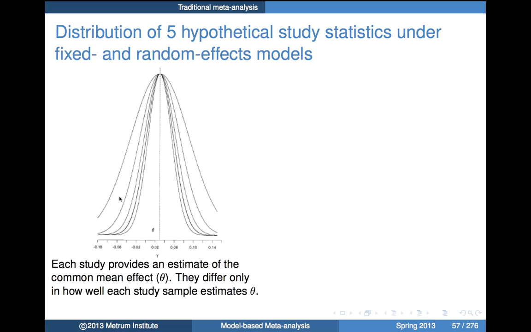And the only reason that the variability in those studies and the distribution of the data from those studies is different is because the sample sizes are different. So this curve here on top, that is the widest, is coming from a study where there's more sampling error, perhaps because it's a smaller study. And the study here that's the closest in, that is the narrowest distribution, is coming from perhaps the largest of the 5 studies. But in any event, all of these studies are centered on the same common effect.